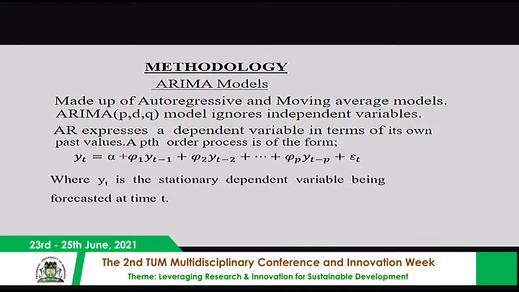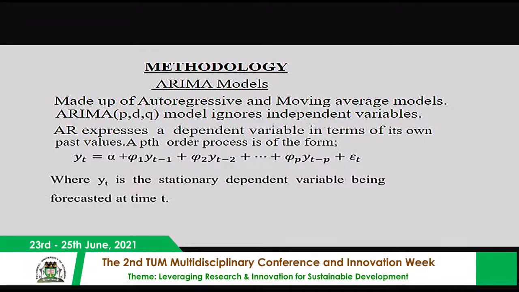Autoregressive completely ignores independent variables, and it assumes that a particular variable makes use of its previous values, and even the errors have information for purposes of future prediction of the values.